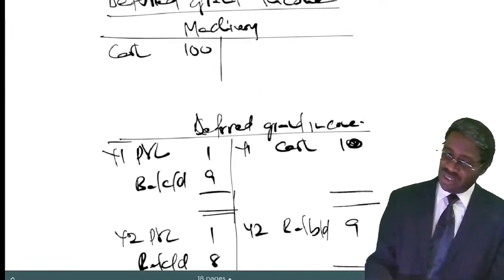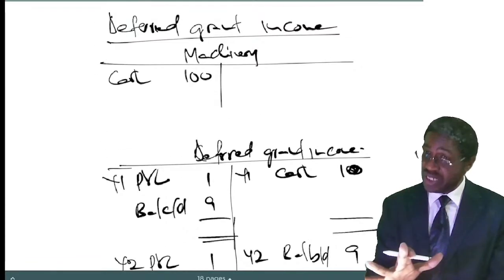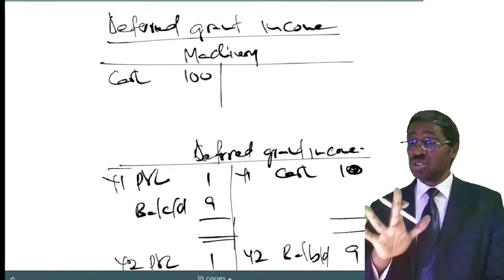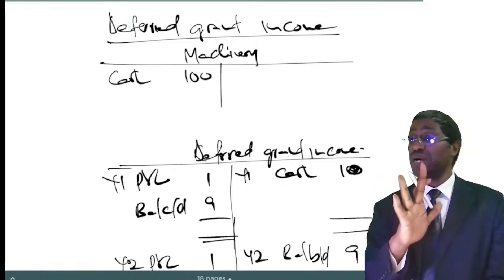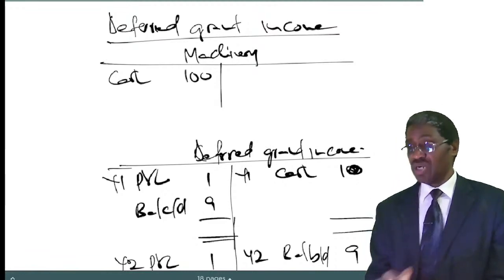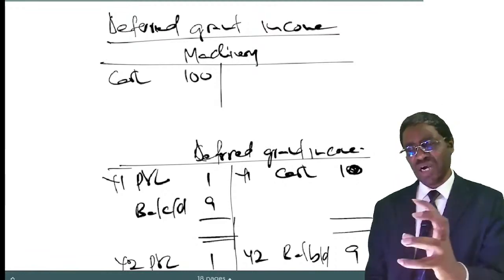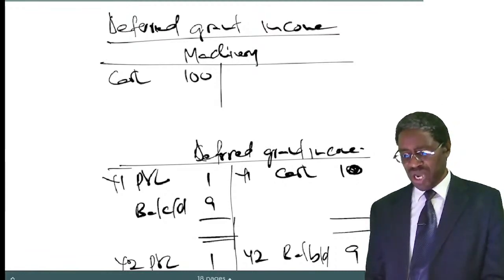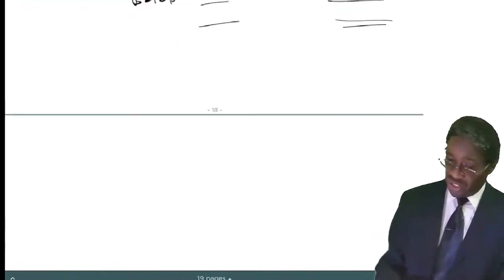Then I've said the asset will still be maintained at its original cost, which is still how much? 100 million. Meaning, in your P&L account, how much will you be charging as depreciation?